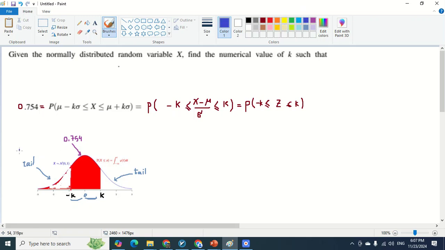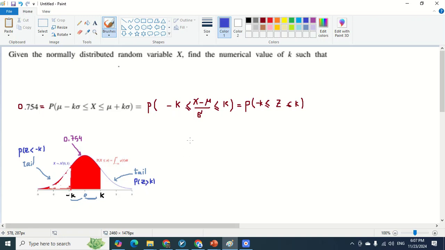The area of this tail is the probability of z less than minus k. So this tail that we have is the probability of z less than minus k, and at the right side we have the probability of z greater than k. Because the areas of these tails are the same, we can write the total area as 1 minus 2 times the tails.